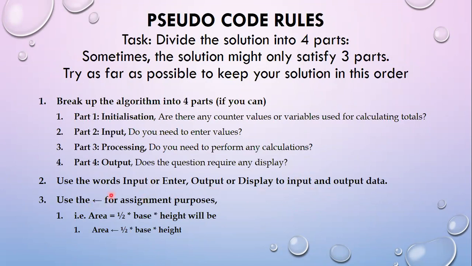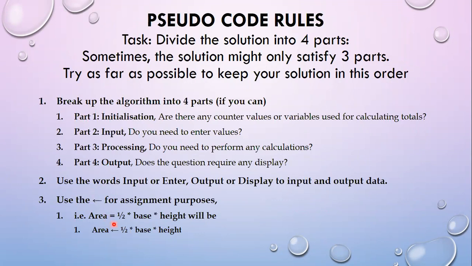Then use the left arrow. This means assignment purposes. Remember I said to you when we started Delphi, whatever's on the right hand side is going to be assigned to whatever's on the left hand side. So everything on the right must be assigned to the left.